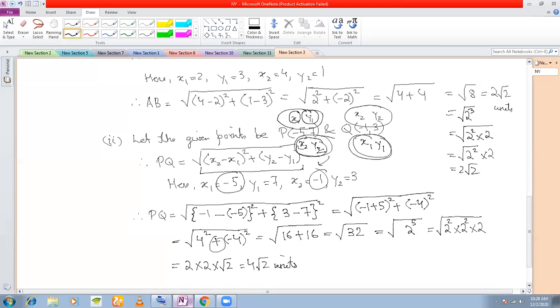Not that way. When you start with some x1 y1 and x2 y2, stick to that. And of course, be very careful with the signs. When you're putting, considering the signs, here I've got minus and minus combined to become a plus. This kind of mistakes you must be extra conscious of. Okay, so I stop here for today.